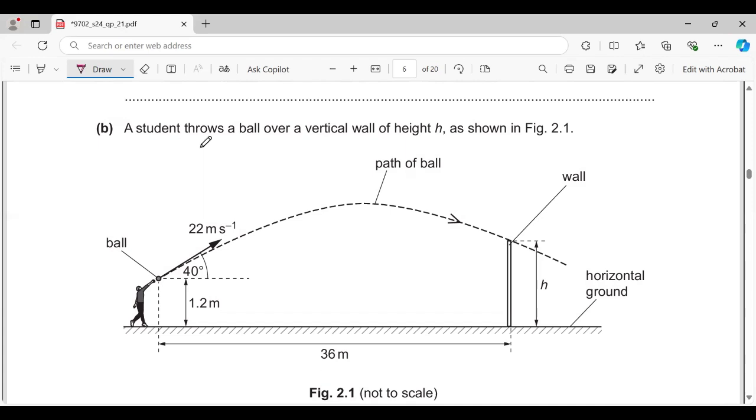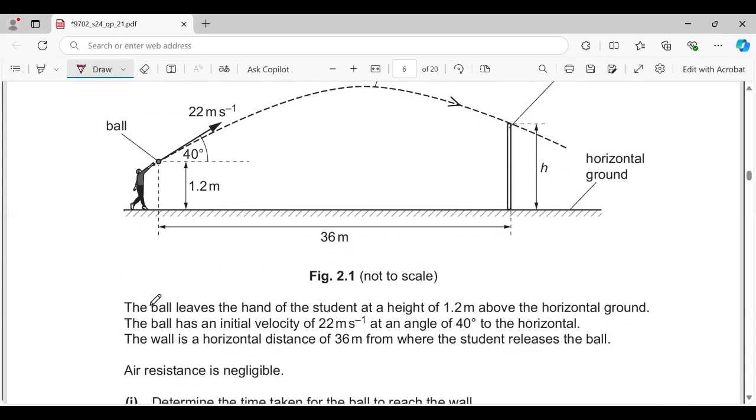A student throws a ball over a vertical wall of height h, as shown in this figure 2.1. The ball leaves the hand of the student at height 1.2 meters above the horizontal ground.